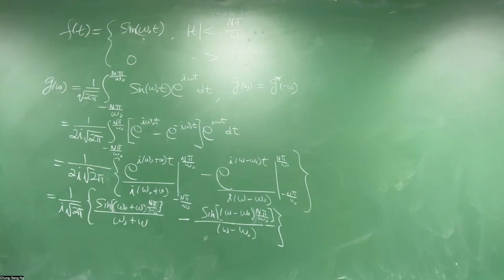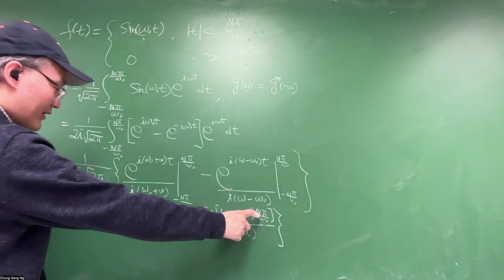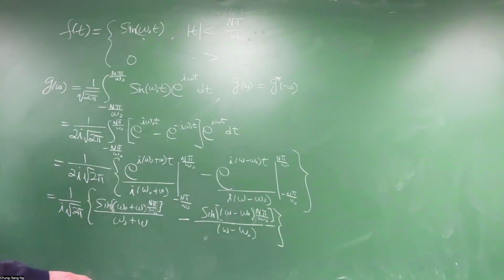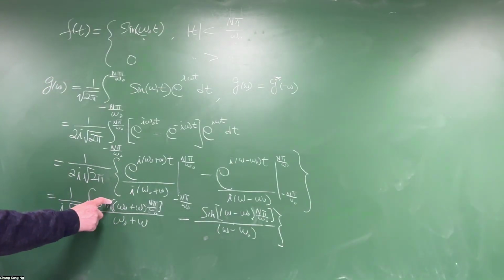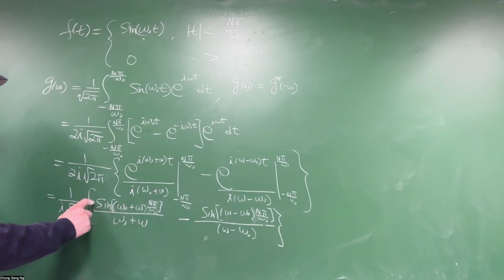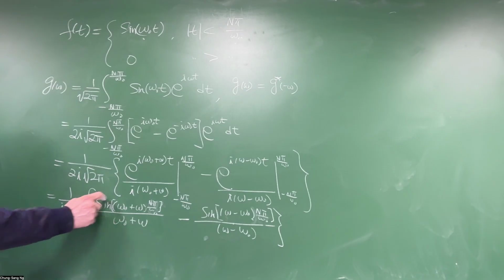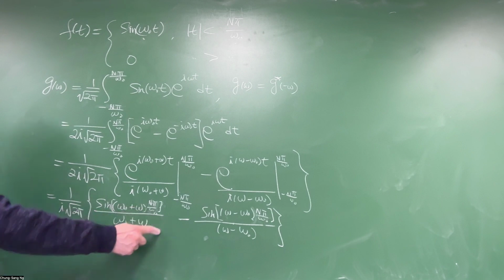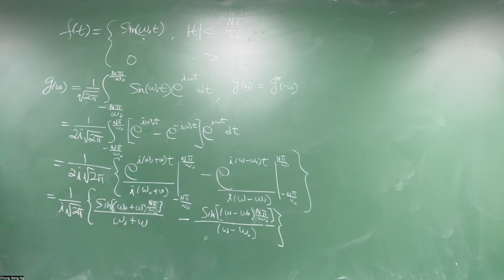Assuming n is a positive large integer, then this term will be large. And the rest is just sinusoidal, so the magnitude of sine for this first term is just between -1 and 1. And then the denominator is not large because omega is not close to omega sub 0.